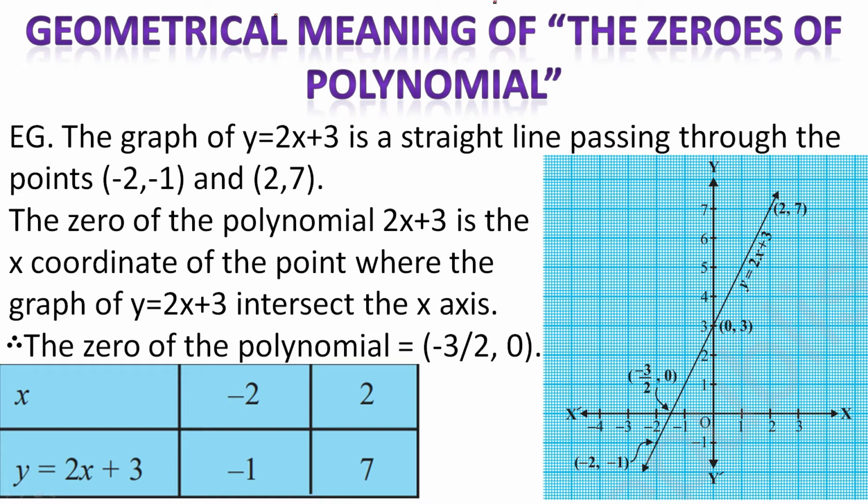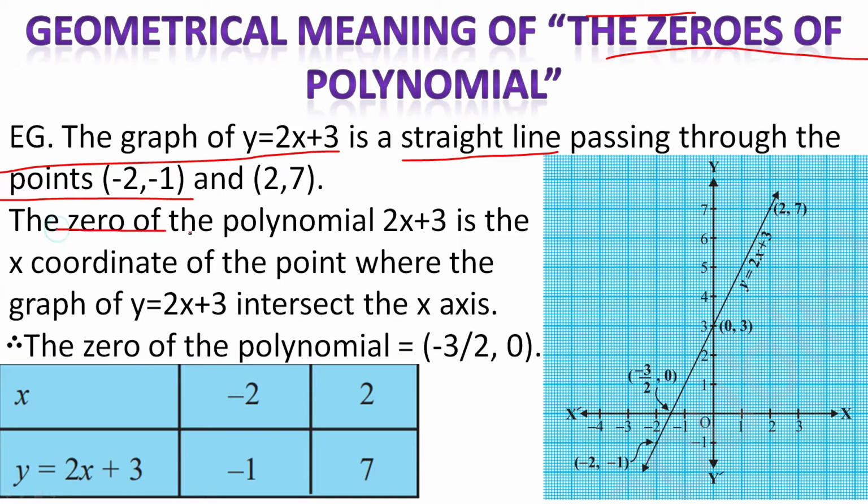Geometrical meaning of the zero of a polynomial. The graph y is equal to 2x plus 3 is a straight line passing through the points (minus 2, minus 1) and (2, 7).